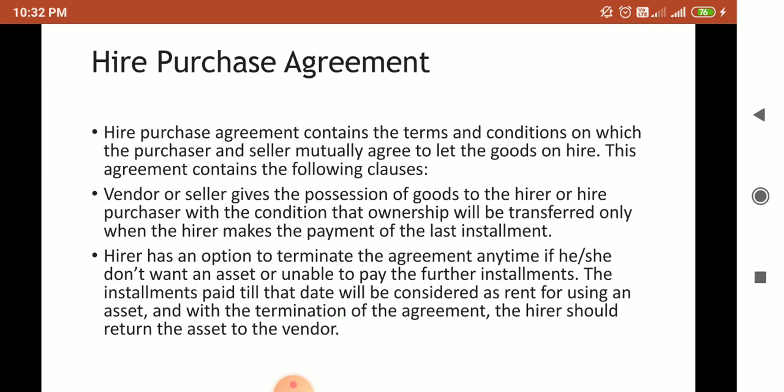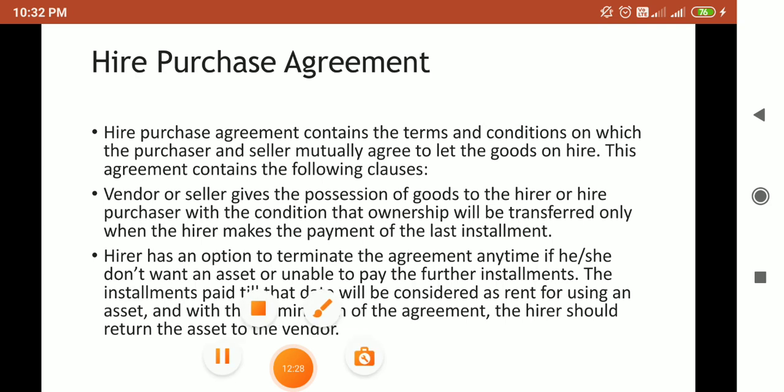The installments paid till that date will be considered as rent for using the asset, and when the termination of the agreement happens, the hirer should return the asset to the vendor, and the vendor has a right to sell that product to some other party and recover the costs and margin.